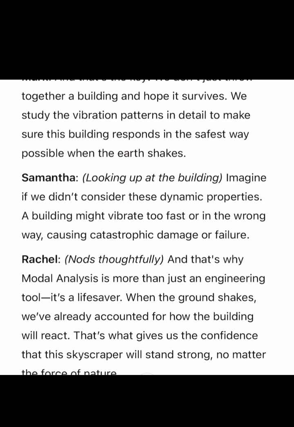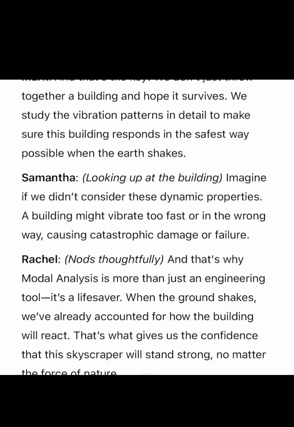Imagine if we didn't consider these dynamic properties: a building might vibrate too fast or in the wrong way, causing catastrophic damage or failure. It can vibrate chaotically, move fast here and there, cause a lot of damage to the structural components, and even cause catastrophic failure.